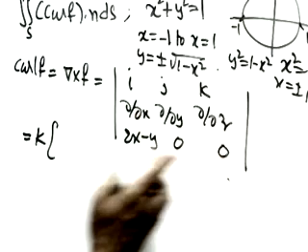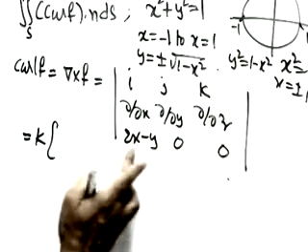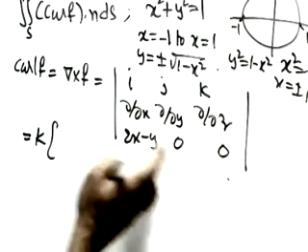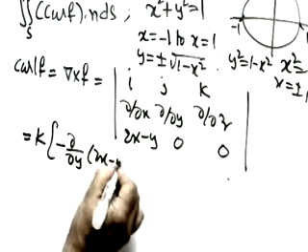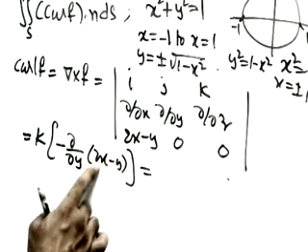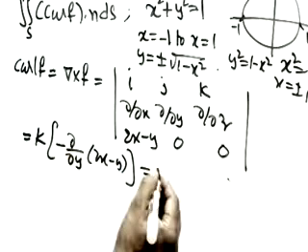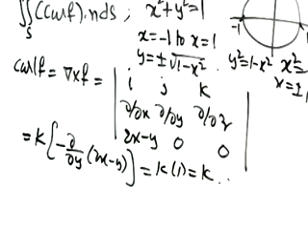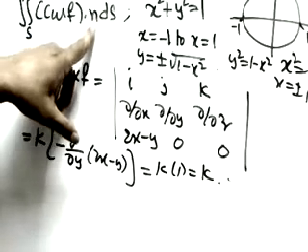When we take j, we multiply this 0, and differentiating with respect to z partial, since we don't have z, it will become 0. Lastly for k, if you multiply this 2 it will become 0, minus dou by dou y of 2x minus y. Now watch carefully: if we differentiate this with respect to y, d by dy of y will be 1. So minus of minus 1 is plus 1, so k into 1 will become k. So in the first step we have solved curl f.